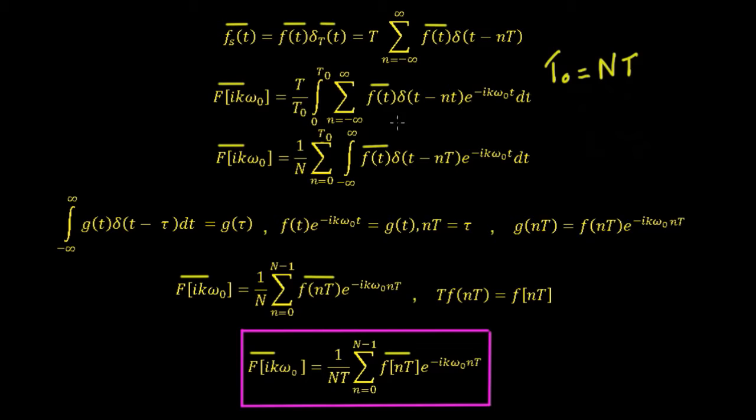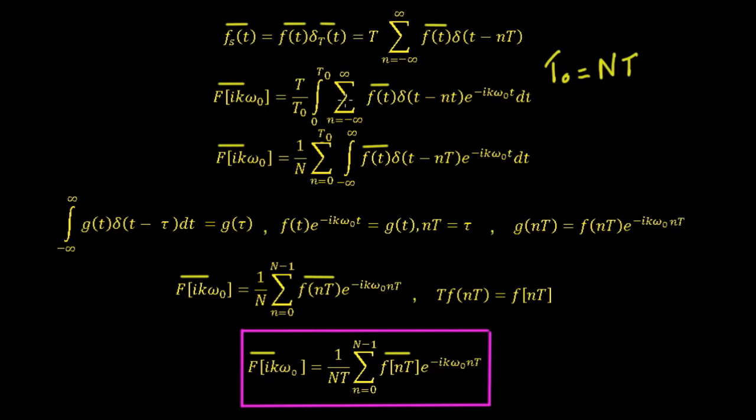Now this thing here, granted, looks like a bit of a monster, but what we can do is, first of all, the function here, f of t delta t minus nT times e to the minus i k omega naught t, that function with the limits n equals minus infinity to infinity, that whole sum converges. Now we can use something called the dominated convergence theorem.